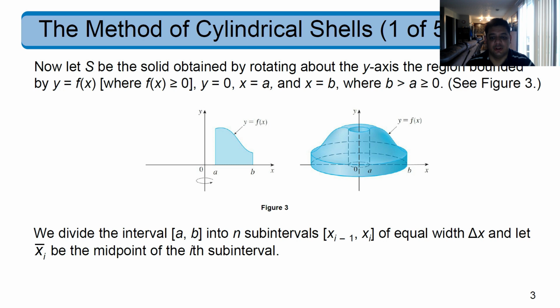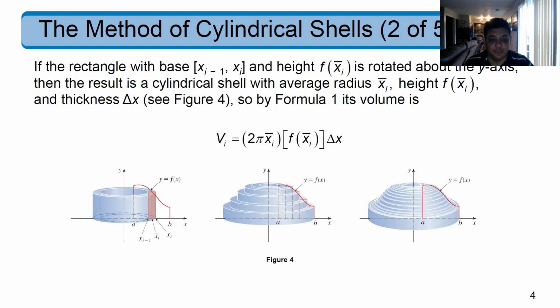If I take a cross section that is parallel to the rotation axis, then when I turn this around, it produces a bunch of different cylinders. If we divide the interval a, b into n subintervals of equal width delta x, and let x_i be the midpoint of the subinterval, we end up with a situation like this.